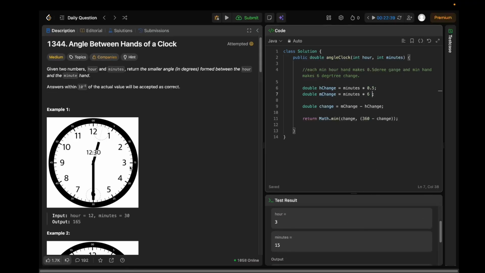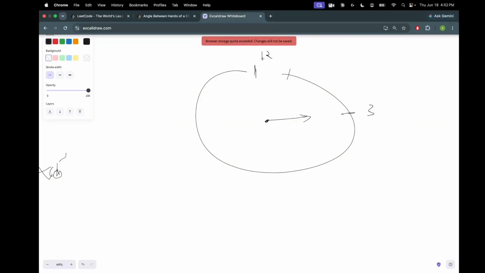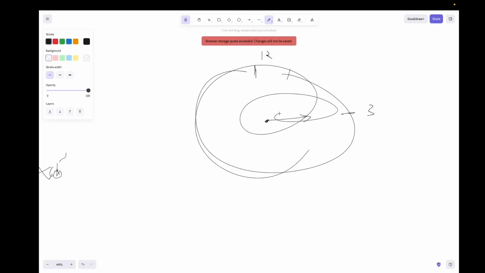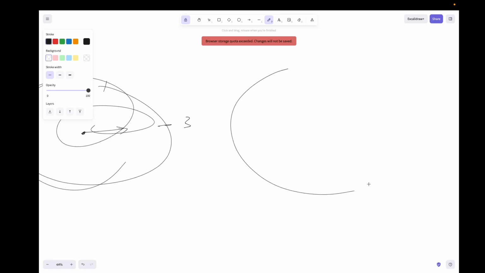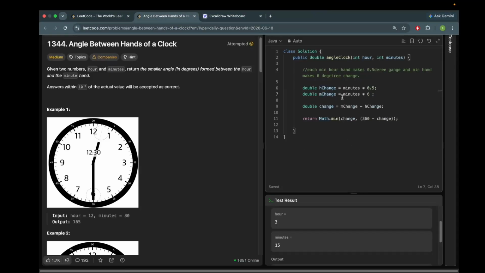Oh, one second, sorry. Think of it as 3 is up here, our hour hand is here, and then the minute hand is here, 15. So for the hour we do what again?